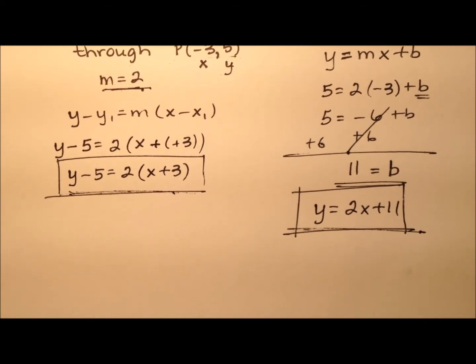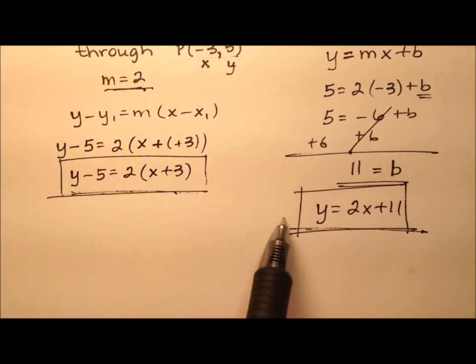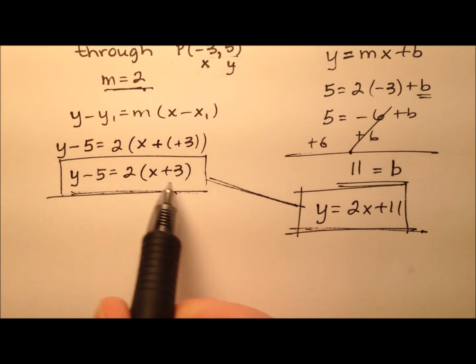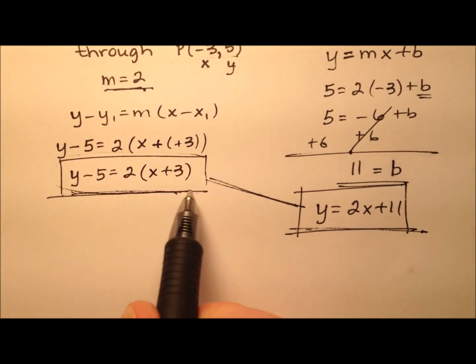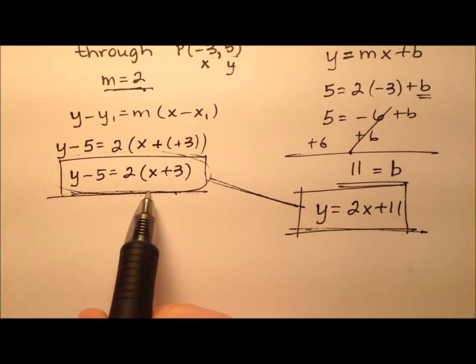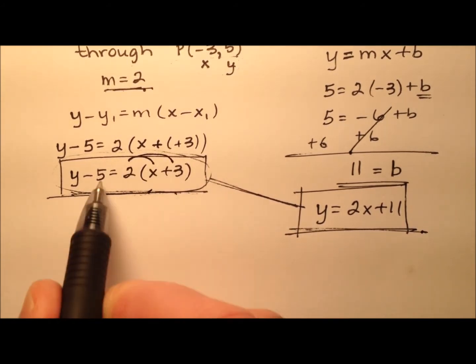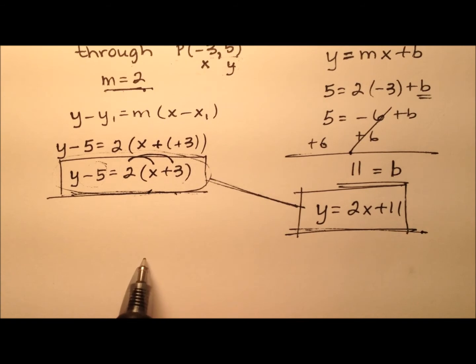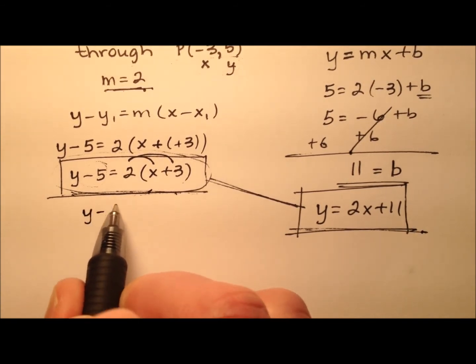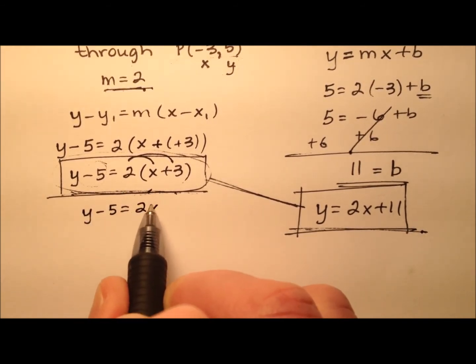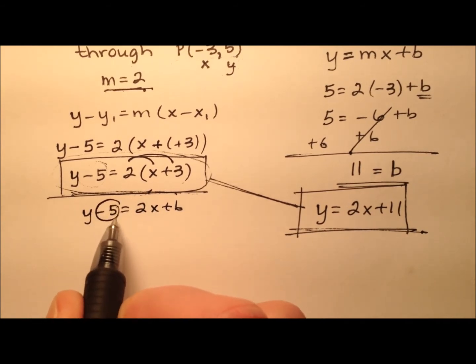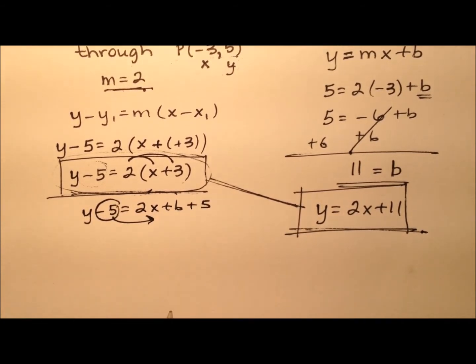One interesting thing you can do to make sure you've done both of these correctly is take a line that's written in point-slope form and convert it to slope-intercept form simply by distributing and then adding this 5 over here. So we'll have y minus 5 equals 2x plus 6, and when we move the 5 over, we'll say plus 5.